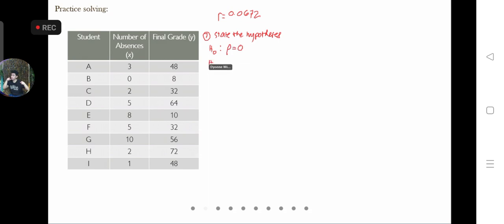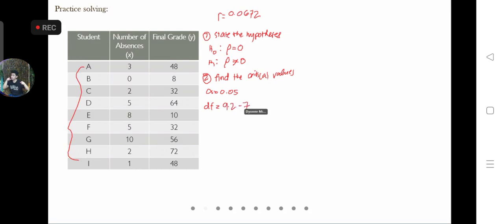And our alternate hypothesis is that the correlation is not equal to 0. Next, find the critical values. We will still use 0.05. Our degrees of freedom is n minus 2, so 9 minus 2 equals 7.